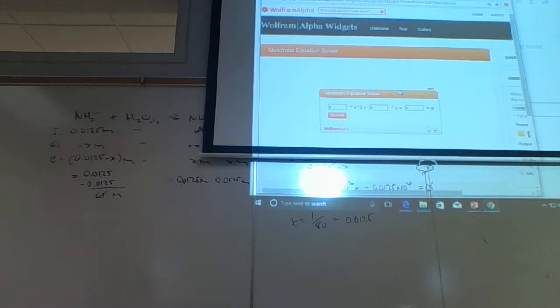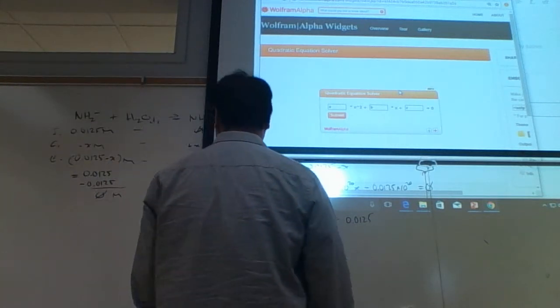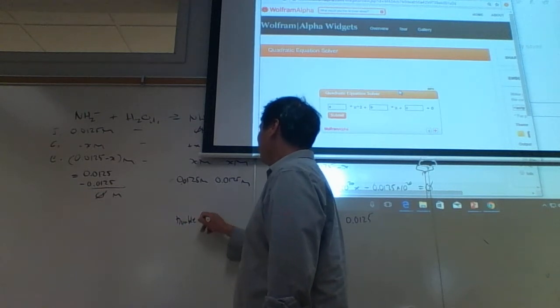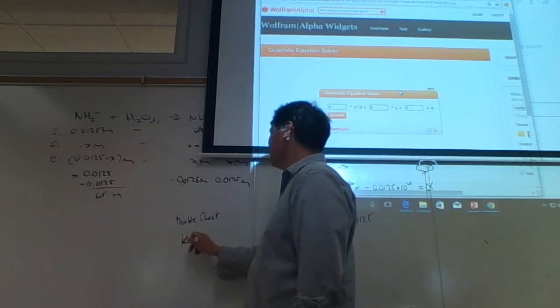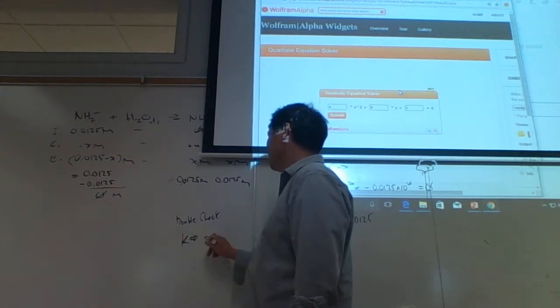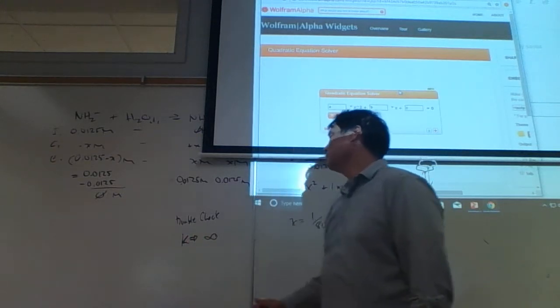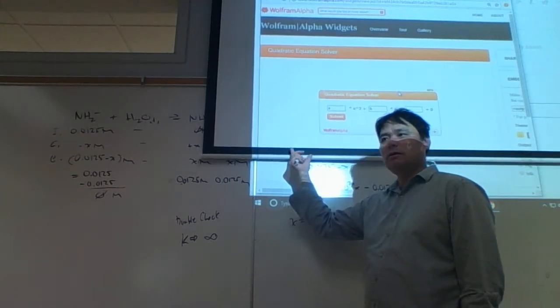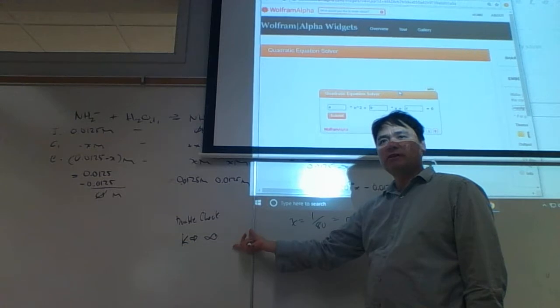But you know, we always want to double check our answer. So if we double check our answer, what are we going to get? If we double check our K, the K is going to approach infinity. And so what is our percent error in the K? Well, K is supposed to be 10 to the 20th. Our double check K value is infinity.